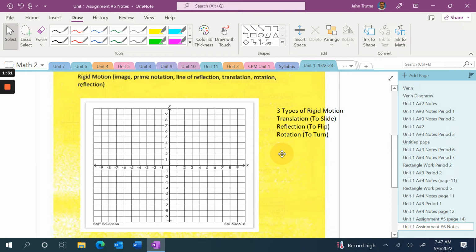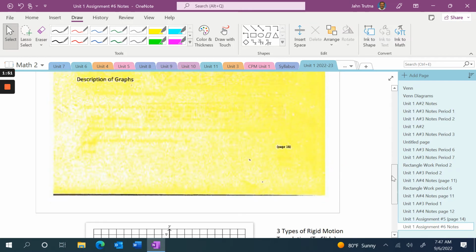And what we are going to do is we are going to take shape ABCD, and we're going to do all three of these rigid motions with shape ABCD.